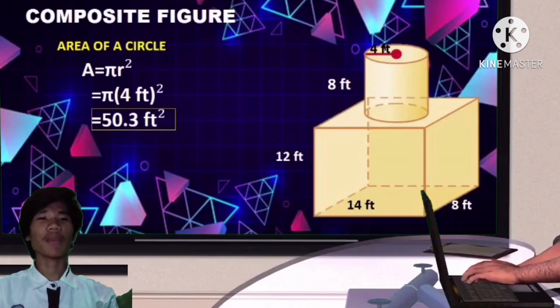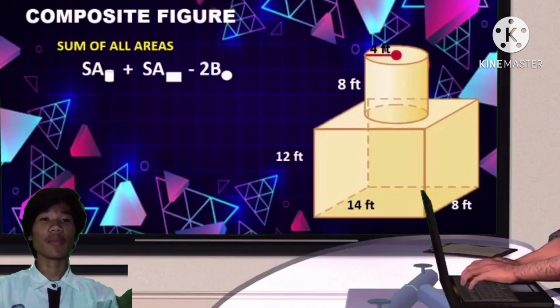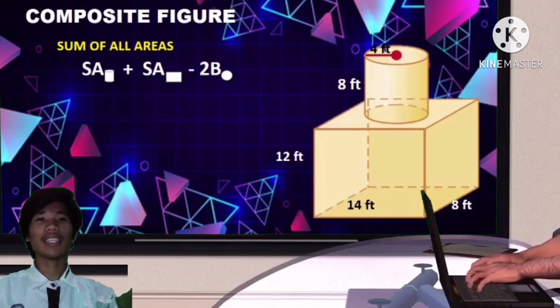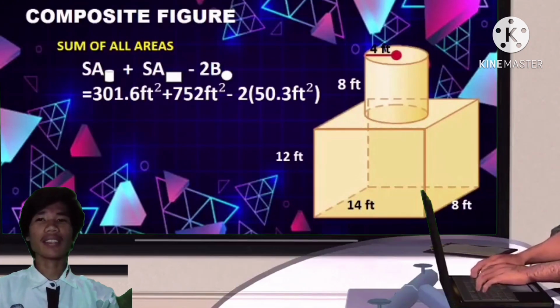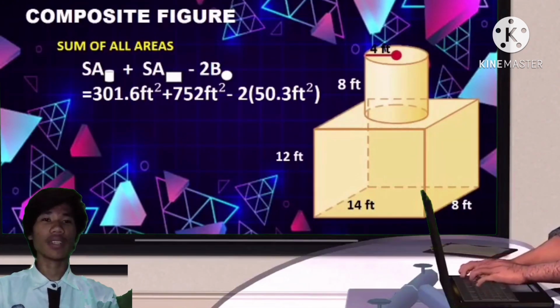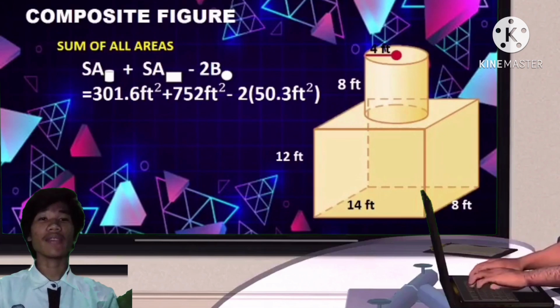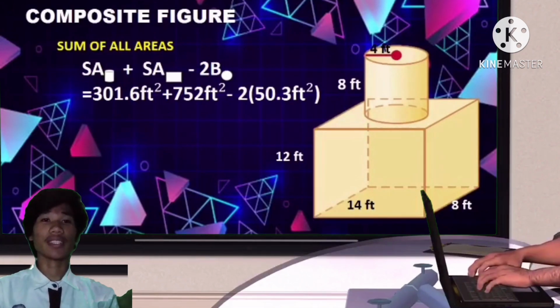And now let's sum up all the surface area of the composite figure. So we have the surface area of the cylinder, 301.6 feet squared, plus 752 feet squared, the surface area of the prism, and subtract twice the area of the base of the cylinder, which is 50.3 feet squared.